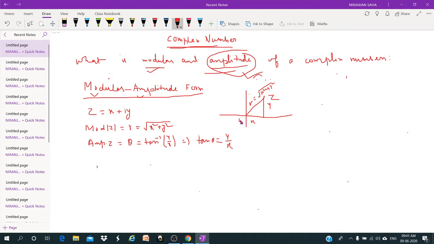This is the real axis, this is the imaginary axis, and this is theta, the amplitude of z.